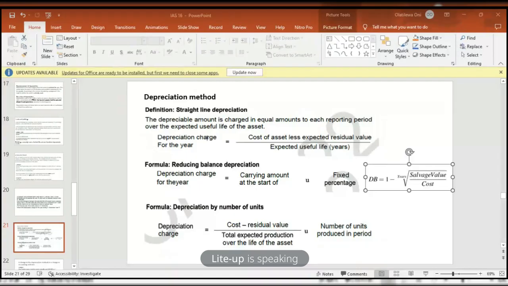So let's say, for instance, year 1 we charge, okay, year 2 120, year 3 96. We didn't do year 4. Okay, let me just do something about that.